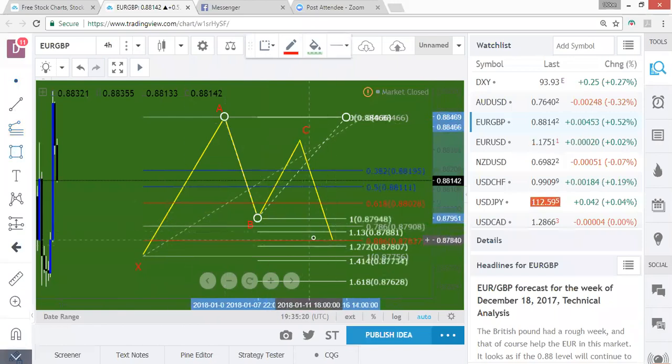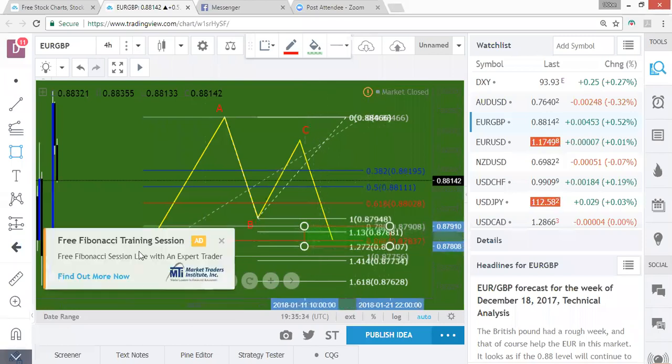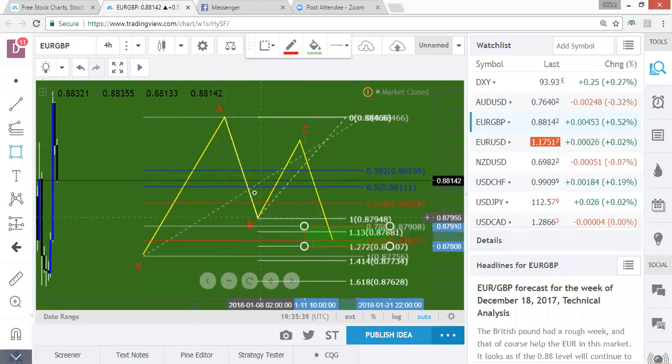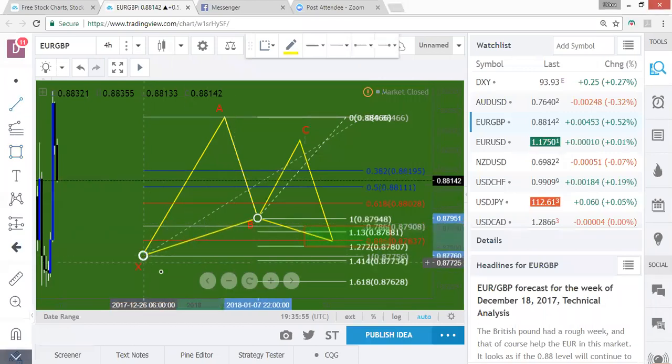We didn't make it up there, but we can see that 786, we would have been looking to get short in this zone in between the 786 retracement of our XA move and also the Fibonacci extension of our AB move would have created this nice potential reversal zone. We would have been looking to get short here for our completion. Better write that D in there.